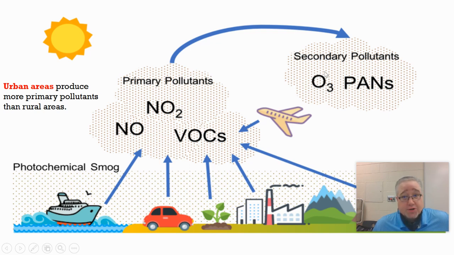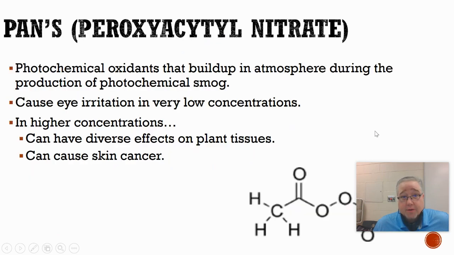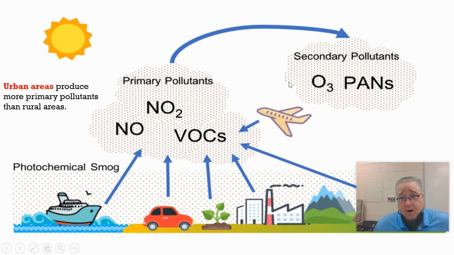One of them is ozone. This is tropospheric ozone, the stuff that lingers close to the surface, which is not very good for our health. And the other one is PANs, those peroxyacyl nitrates, which again are not a good thing to be exposed to. So these secondary pollutants are produced from these primary pollutants.